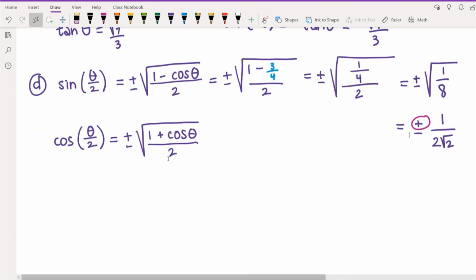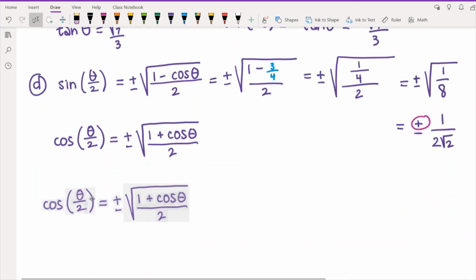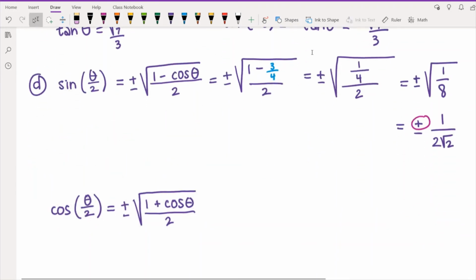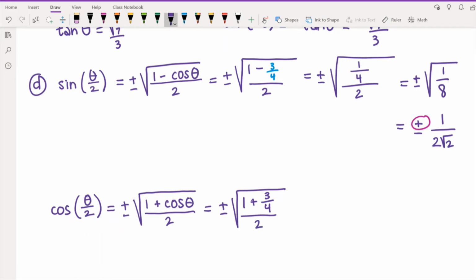So very similarly here, if you do the same thing for the cosine half angle formula, you're going to get plus or minus square root of, sorry, I spaced out for a second. So we're doing 1 plus 3 over 4. The only difference is that we're adding instead of subtracting. And so what is 1 plus 3 over 4?